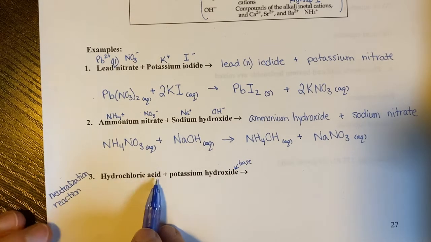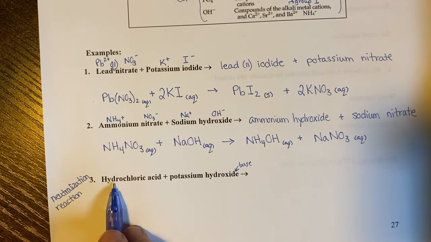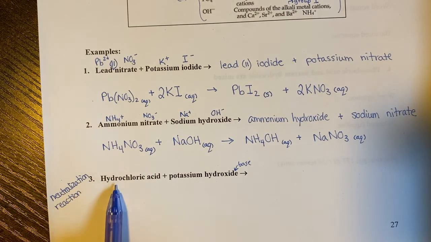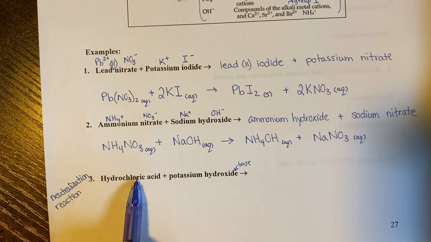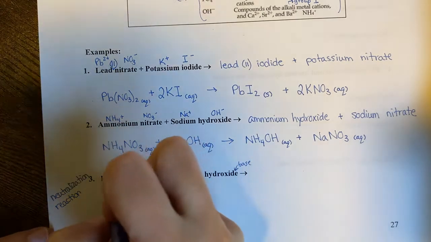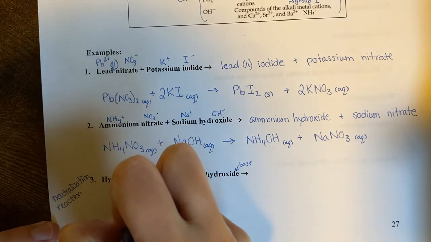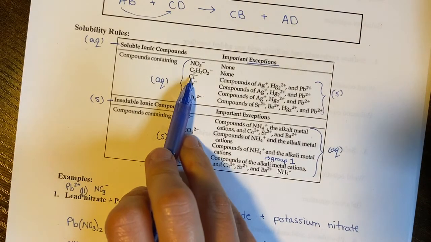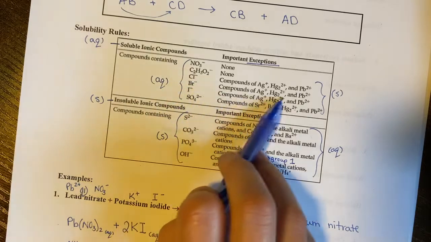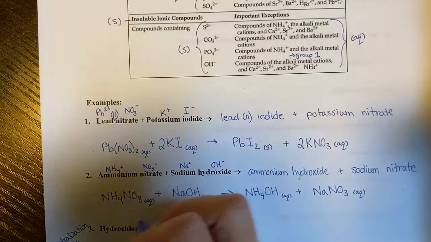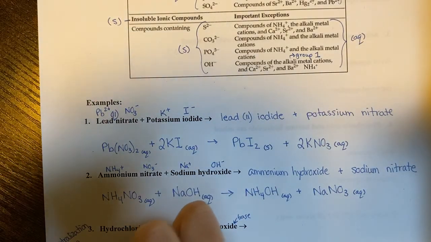So hydrochloric acid, hydro tells you that it's what we call a binary acid. It only has two elements in it, so hydrogen and chlorine in this case. So hydrochloric acid is HCl. Cl is one of the ions that's usually aqueous. Hydrogen is not an exception, so going to be aqueous.